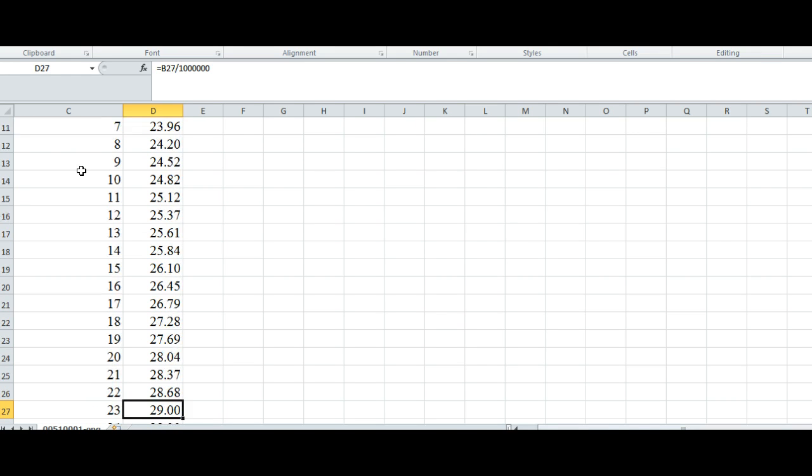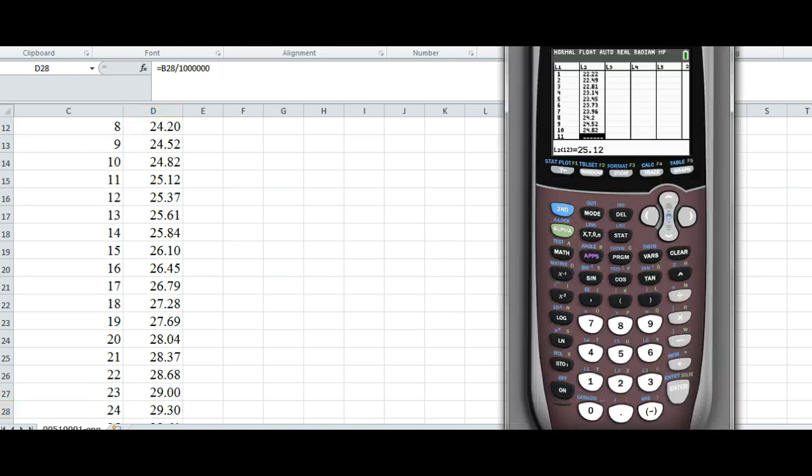Let's throw, say, 8 at the top. I'm at 11, 24.12, 12, 25.61, 25.4.